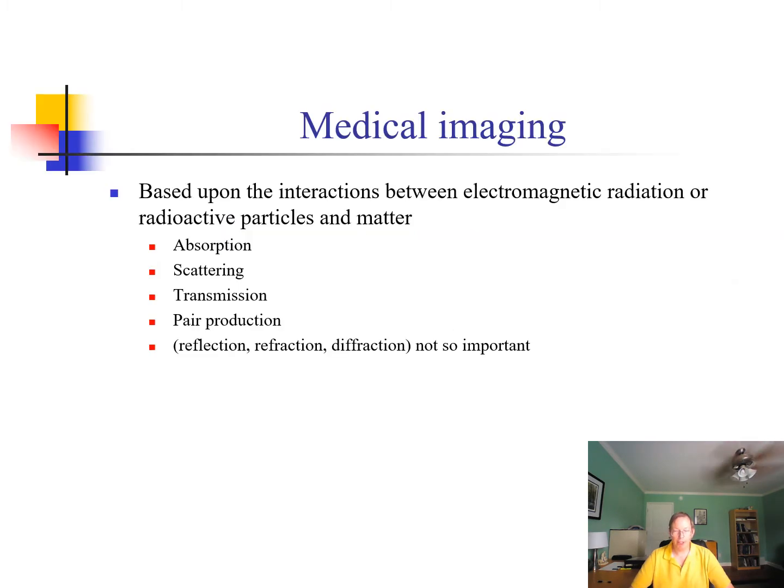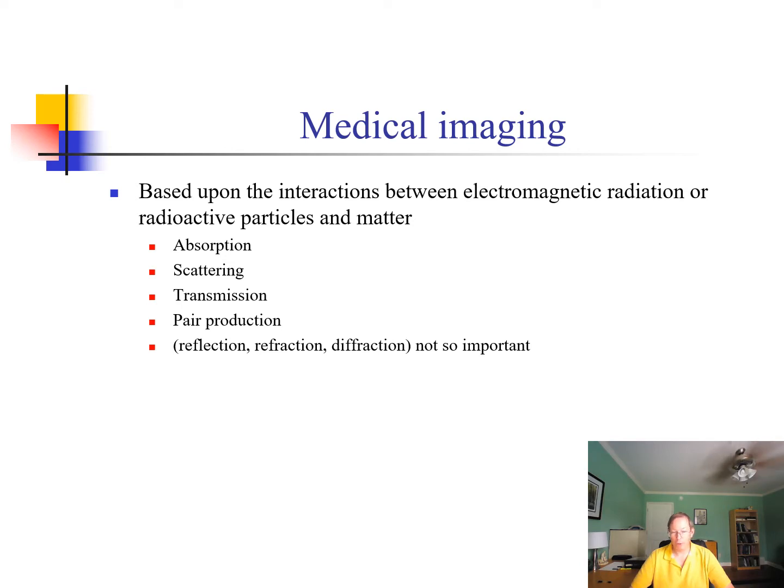So there are different interactions between electromagnetic radiation or radioactive particles and matter, and only some of these are important in medical imaging. For example, absorption is a very critical one that is used as an interaction between the radiation and the matter that will lead to images. Scattering is an unavoidable consequence of interaction that degrades images in many cases.